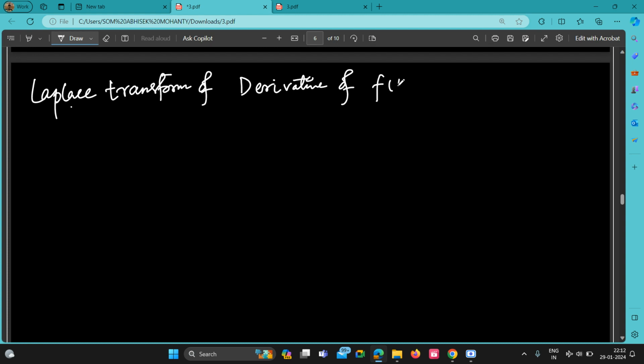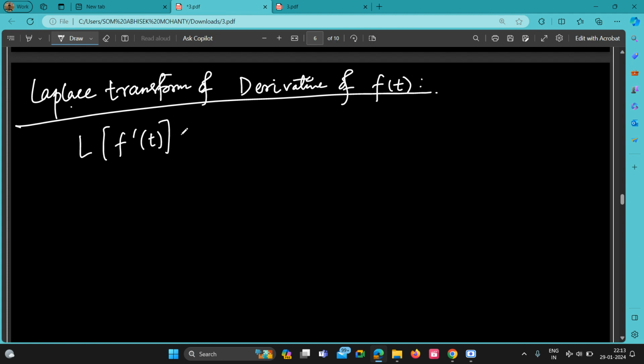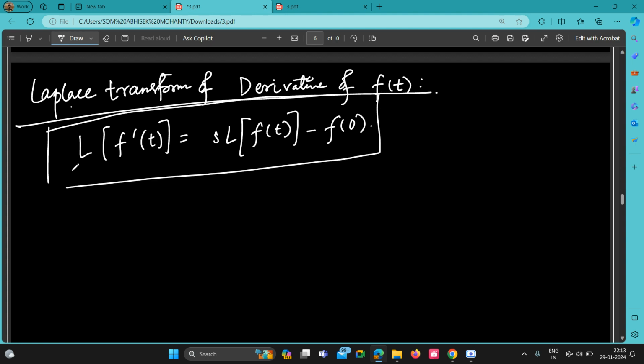So L of f dash t, the Laplace of the derivative, is equal to s L of f of t minus f of 0. This formula you have to remember.